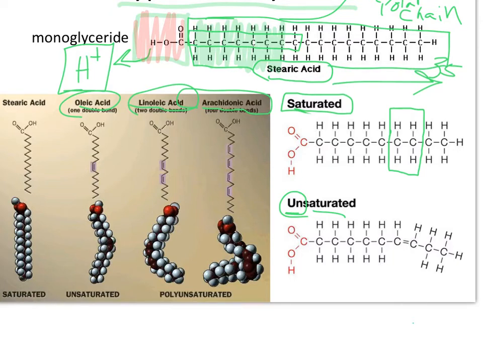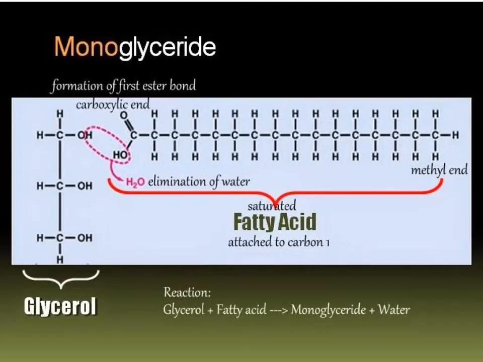So up here on top, monoglyceride, so 1 glycerol. And it can have a specific name just depending upon how many carbons it has and where the double bonds are or not. So this is what we make triglycerides out of, or fatty fats out of.